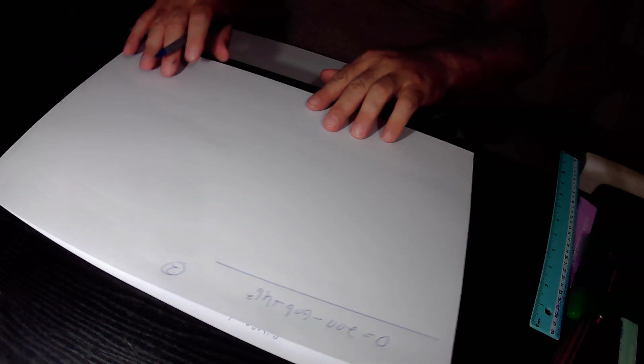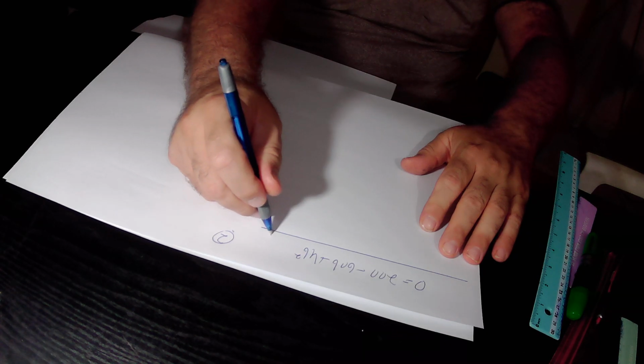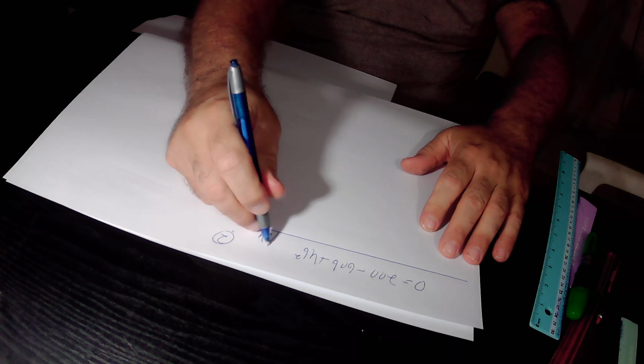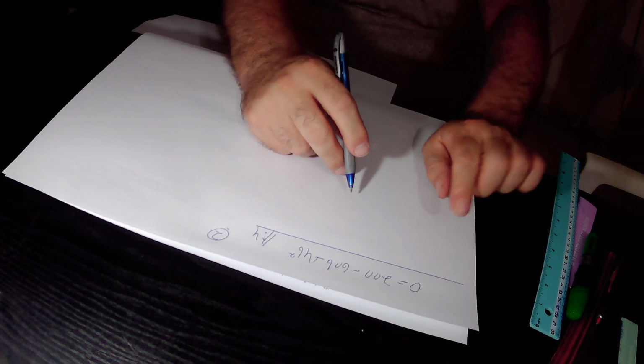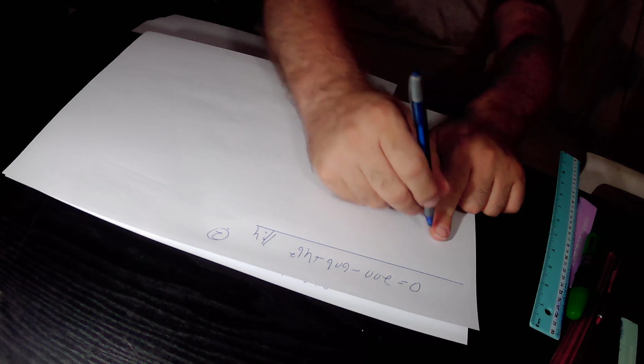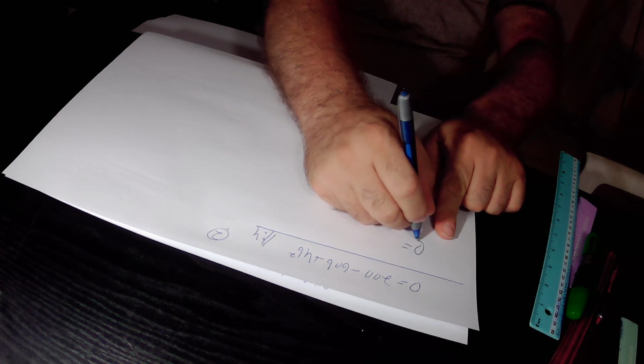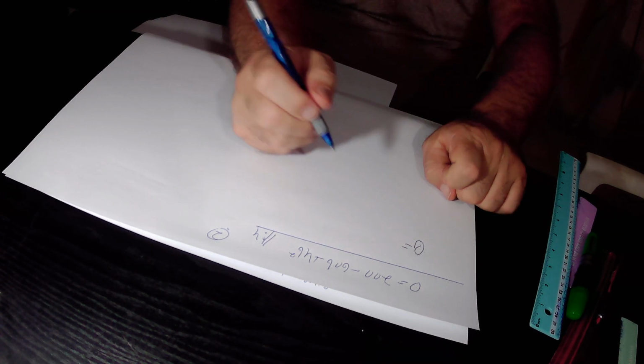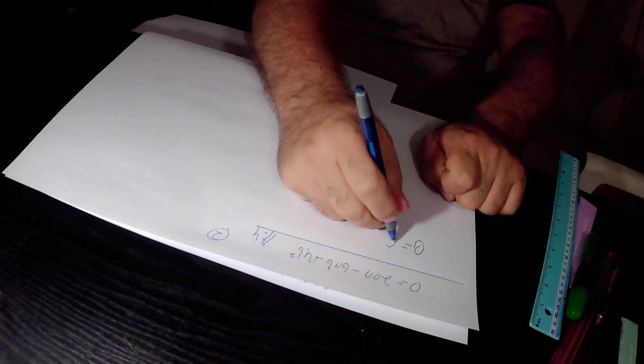Here we will divide this equation by 4. And we get that 0 over 4 is 0. It is equal to 200 over 4, which is 50.